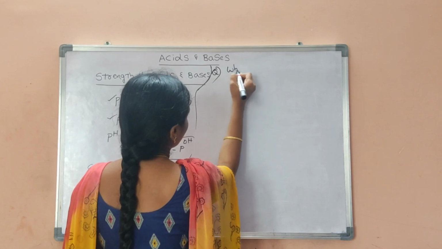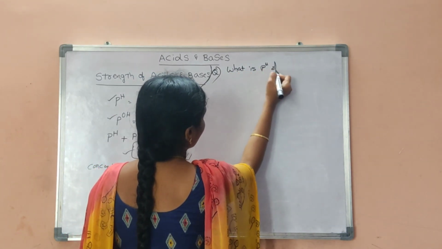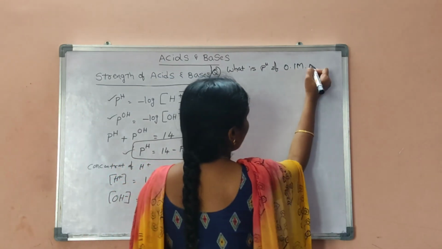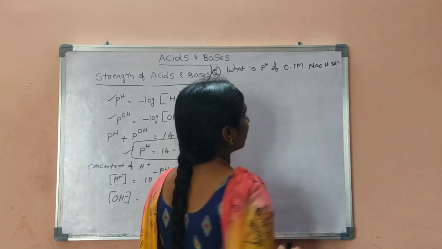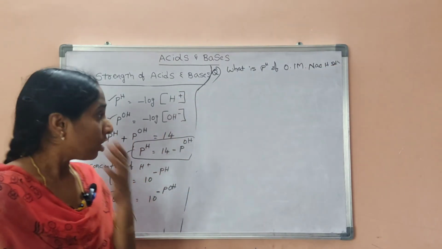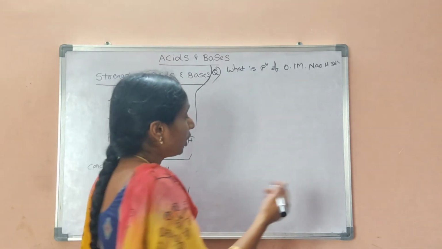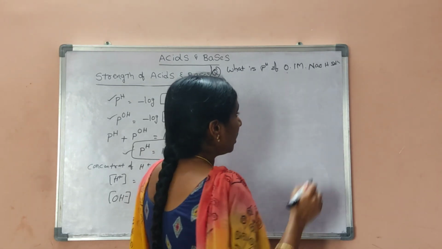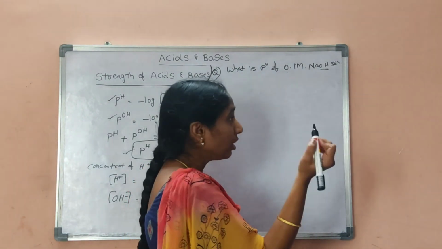What is the pH of 0.1 molar NaOH solution? Here, how to calculate pH? First, this is not H plus ion concentration. This is OH minus ion concentration. Why?